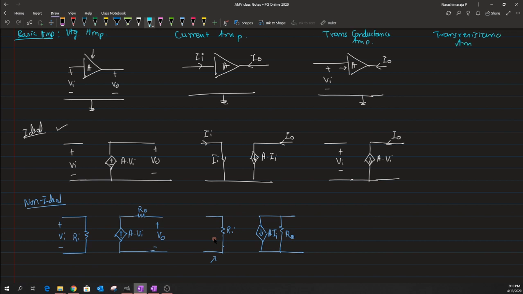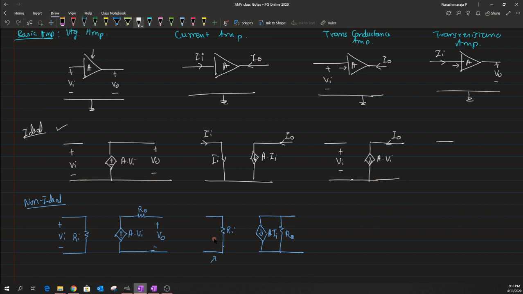amplifier. So for the transresistance amplifier, the input is a current and the output is a voltage component. So symbolically I could draw the amplifier with a voltage at the output as V naught, but the input current is modeled with a signal Ii. And in order to draw all the current, ideally the input impedance of this transresistance amplifier is supposed to be 0.